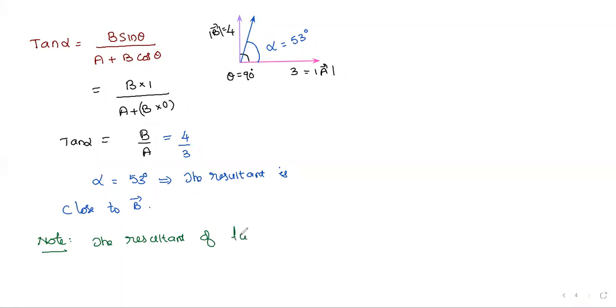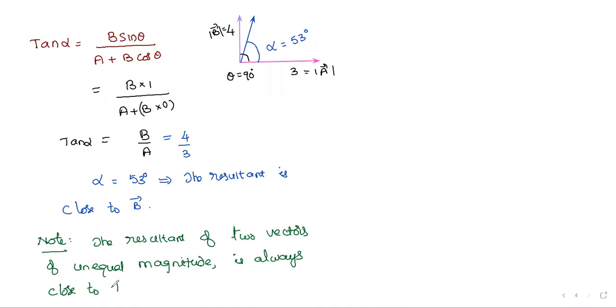The resultant of two vectors, better I write, two vectors of unequal magnitude, is always close to the vector having higher magnitude.